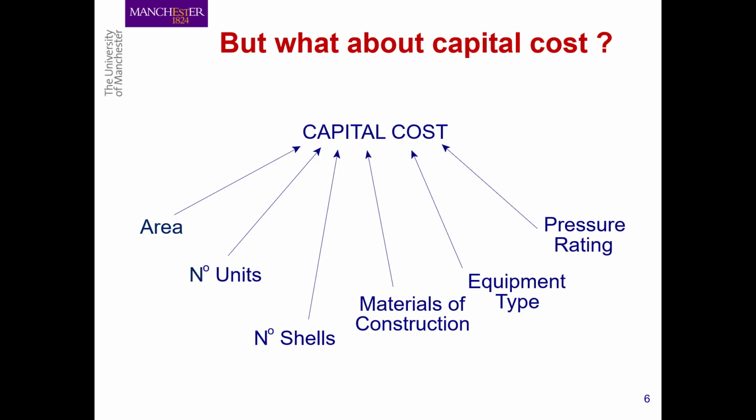Okay, now area targeting can be done by using composite curves, and we will see that in the next slide. And this area targeting is directly related to capital cost, because if you have a certain value of delta T min that you decided, you can calculate how much area is required for the process, and then you can determine how much money you need, or what is the cost of that area that you have to purchase in the form of heat exchangers.